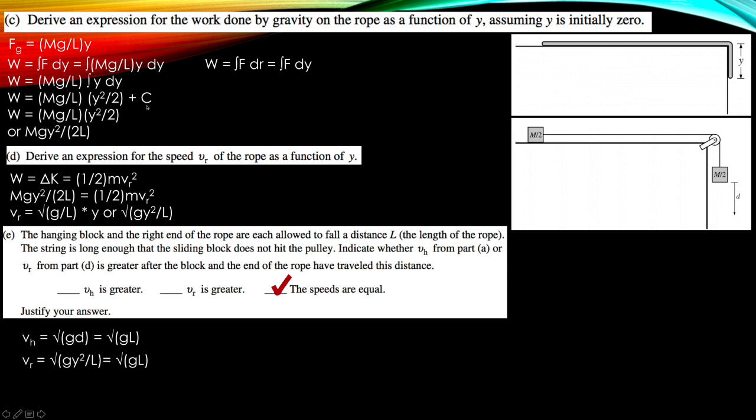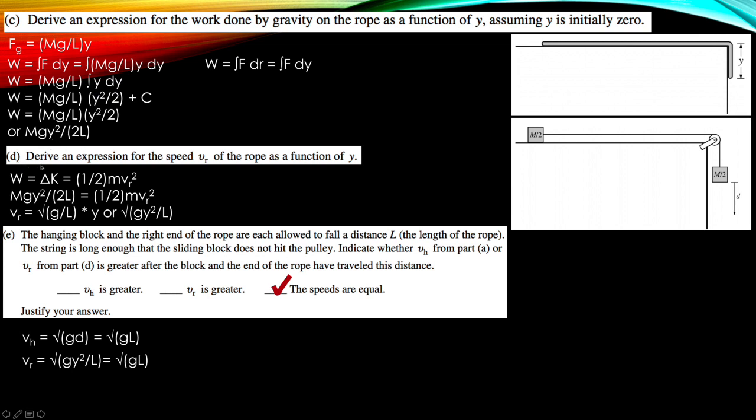At time t equal to 0, y is equal to 0. So c is generally there for whatever the position was at time t equal to 0, and since the position is 0, we can ignore this. So work done can just be written as Mg over L times y squared over 2, or, written more simply, Mg y squared over 2L.